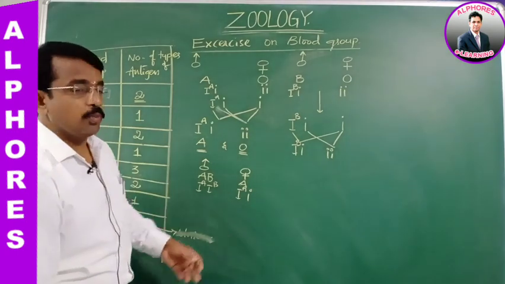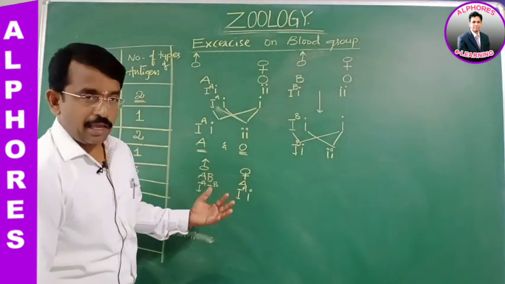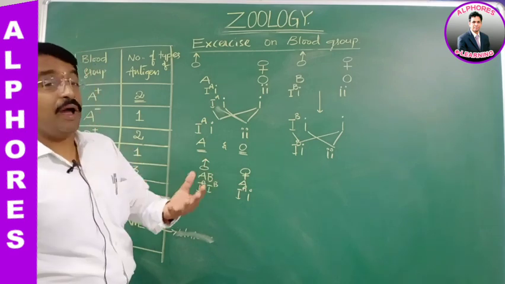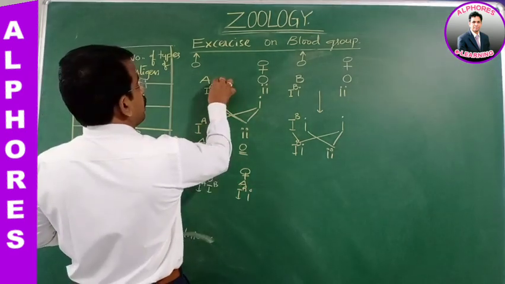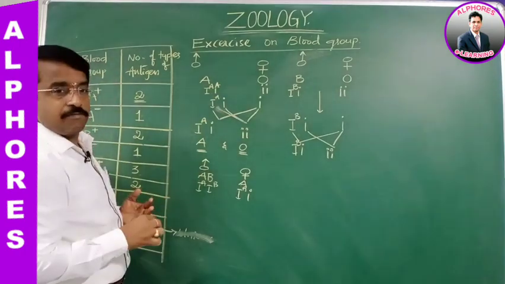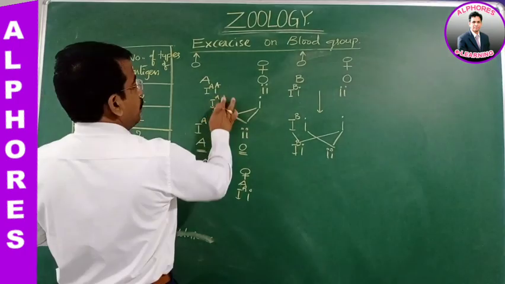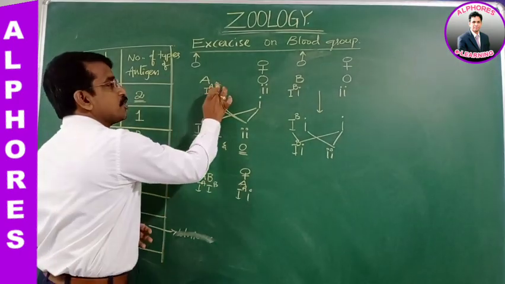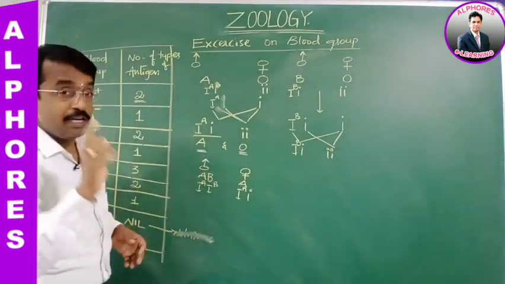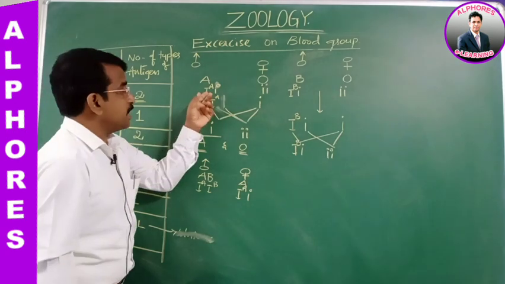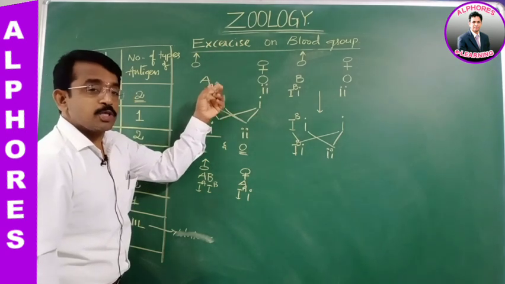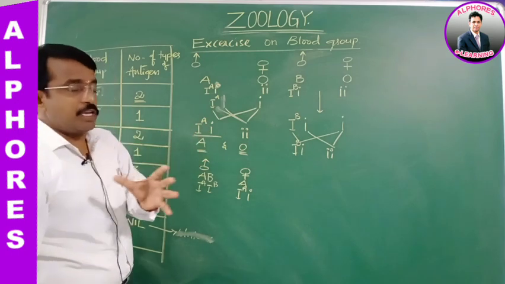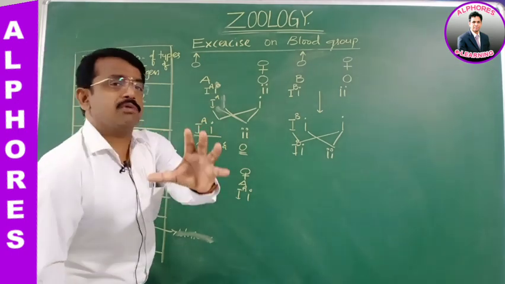As I already told you, when it is B and A, you have to take into consideration heterozygous. Why? Suppose I take the A itself here, then all possible combinations are only A blood group. But if you take IA, IO, I repeat, if I take IA as a homozygous dominant blood group, all the progeny produced will be A blood group only.